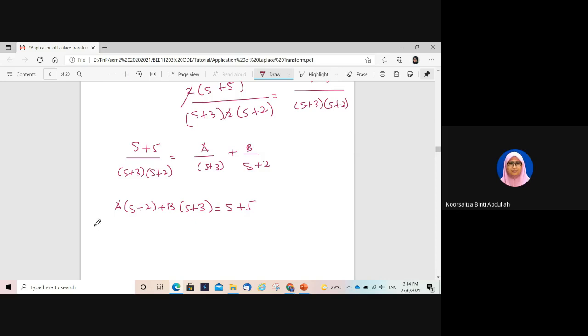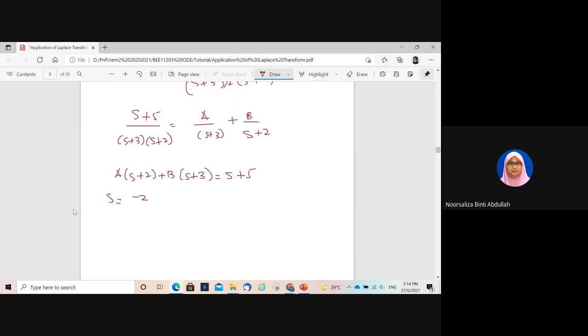Okay, so S equals to minus 2, jadi A kosong, B equals to 3. B equals to 3. Okay, and then S equals to minus 3, then minus A equals to 2. A equals to minus 2.